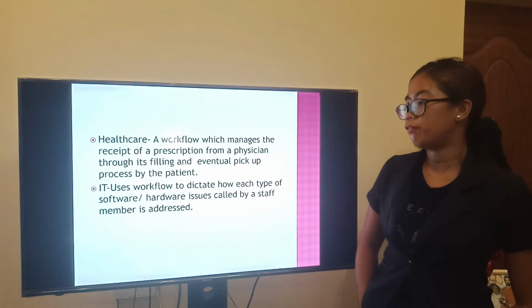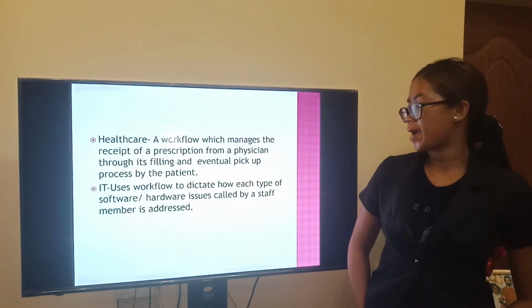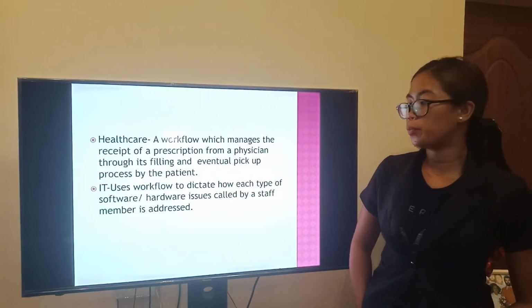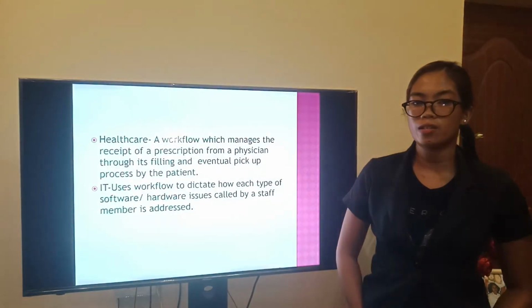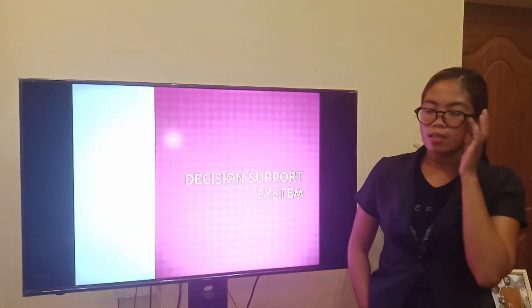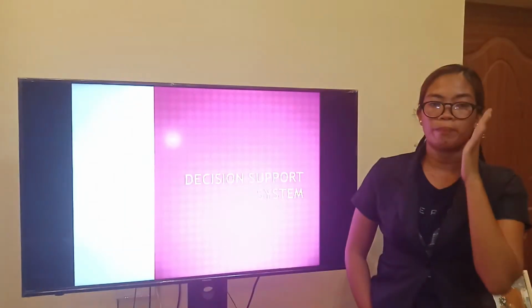IT uses workflow to dictate how each type of software or hardware issue called in by a staff member is addressed. Lastly, decision support system.